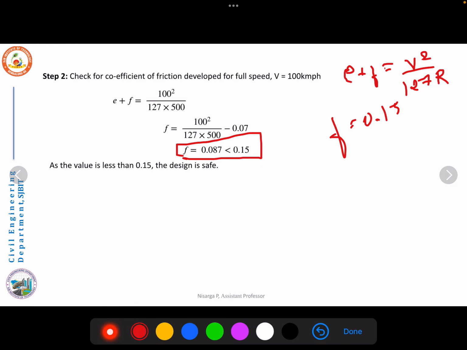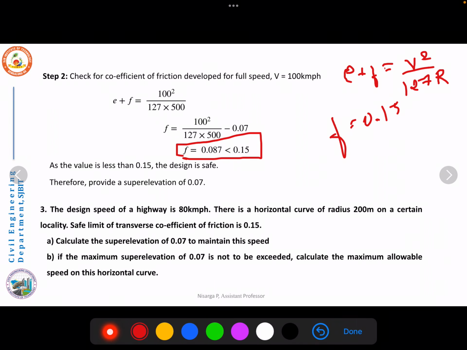So now we can say that the design is safe. Though we restrict the superelevation to 0.07, sufficient lateral friction is developed at the horizontal curve such that the centrifugal force can be counteracted and the vehicles are safe against overturning and lateral skidding. Therefore, the design will be safe at a superelevation of 0.07, and the f value of 0.087 is sufficient to maintain the safe condition.